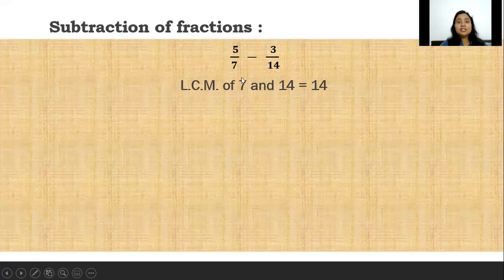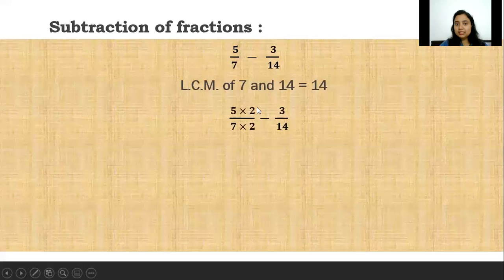I have done it 2-3 times with you, so you can find the LCM now. And now see, 14 is a multiple of 7. So we need not touch this fraction, only this 7 twos are 14 change will happen in the first fraction. How? Let's see this step.